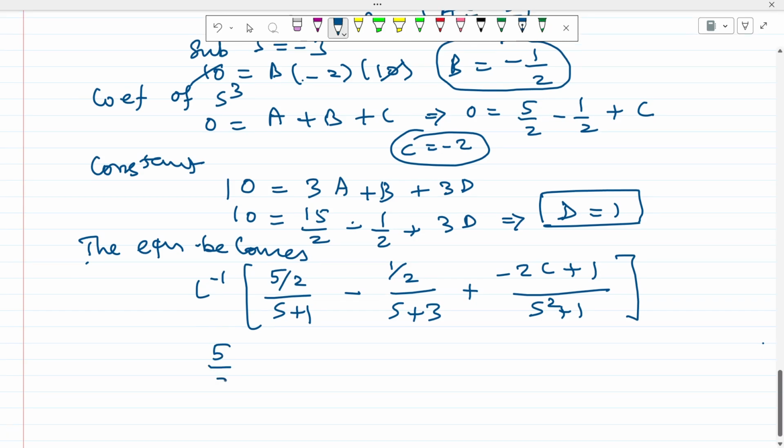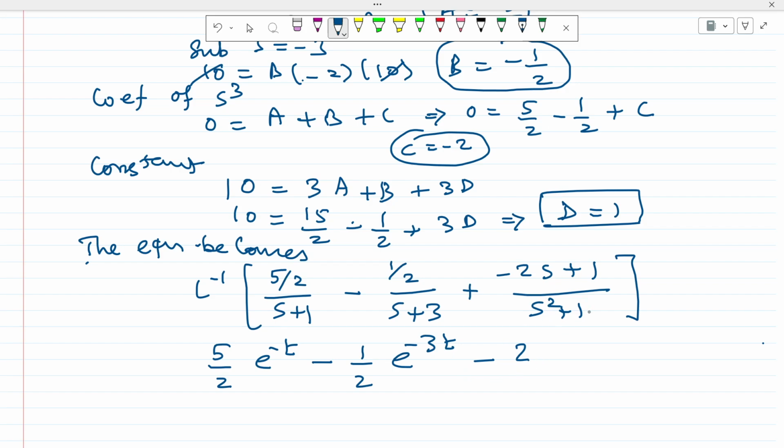5 by 2, L inverse of 1 by s plus 1 is e power minus t. Minus 1 by 2, L inverse of 1 by s plus 3 is e power minus 3t. Then minus 2s should come, not 2c, 2s should come.